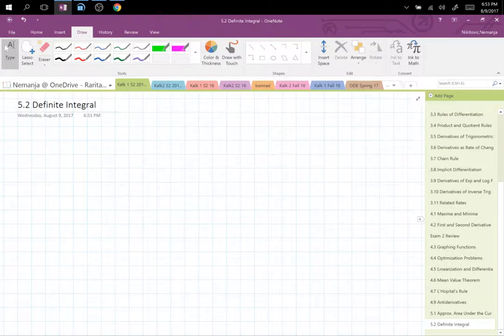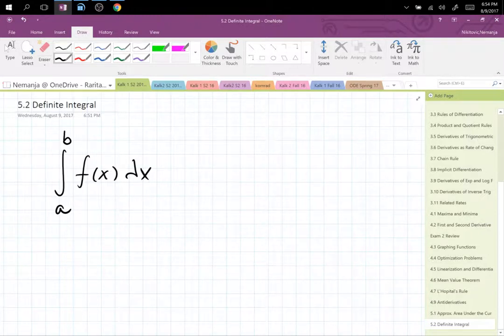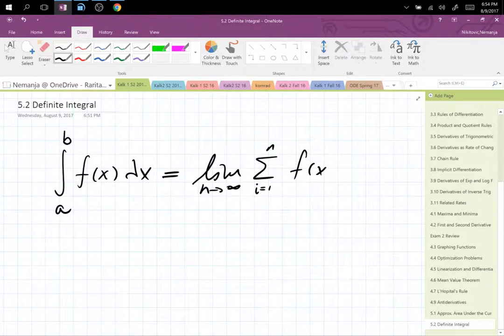The definite integral, integral a to b of f of x dx, is defined through the limit as n goes to infinity of the summation i goes from 1 to n of f of xi delta x.